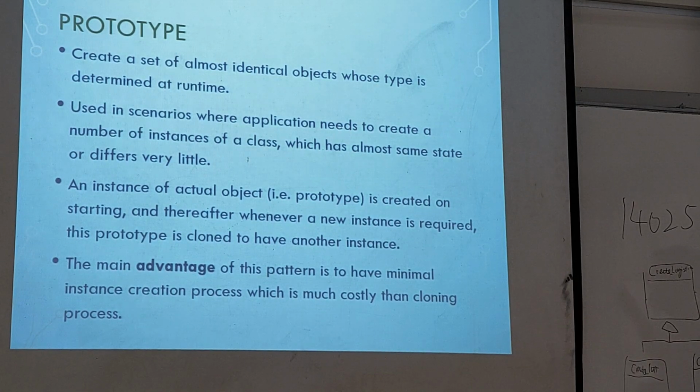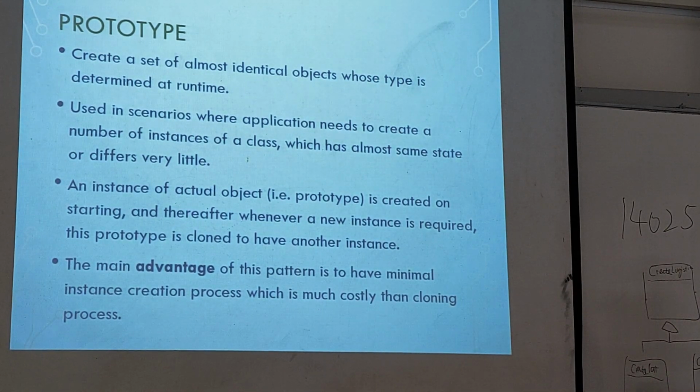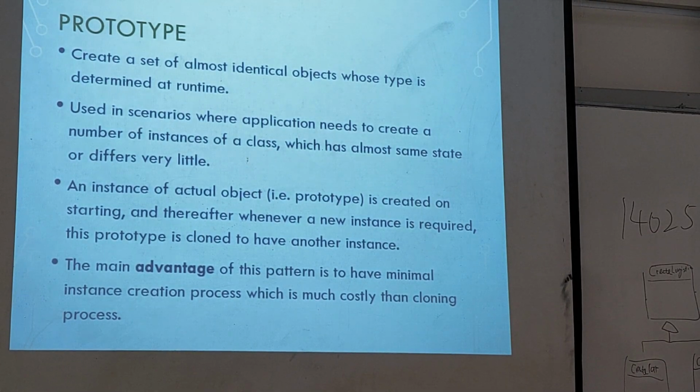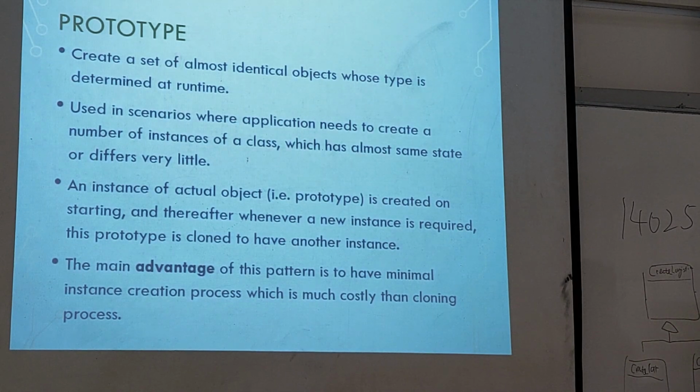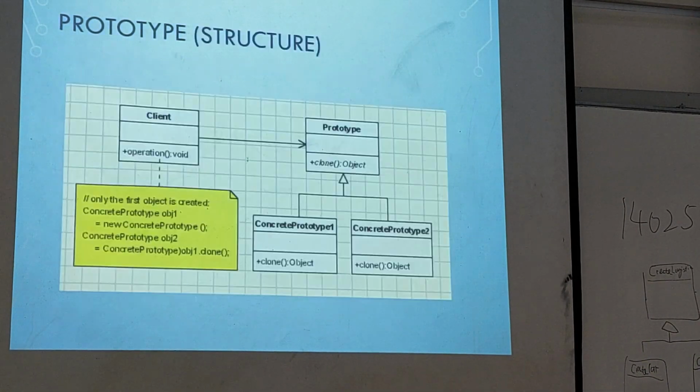Are you going to keep on repeating? Maybe you can consider using the prototype method, which helps us clone the object. The advantage is minimal instance creation process, so you don't need to go through the creation process again. It minimizes the creation process.